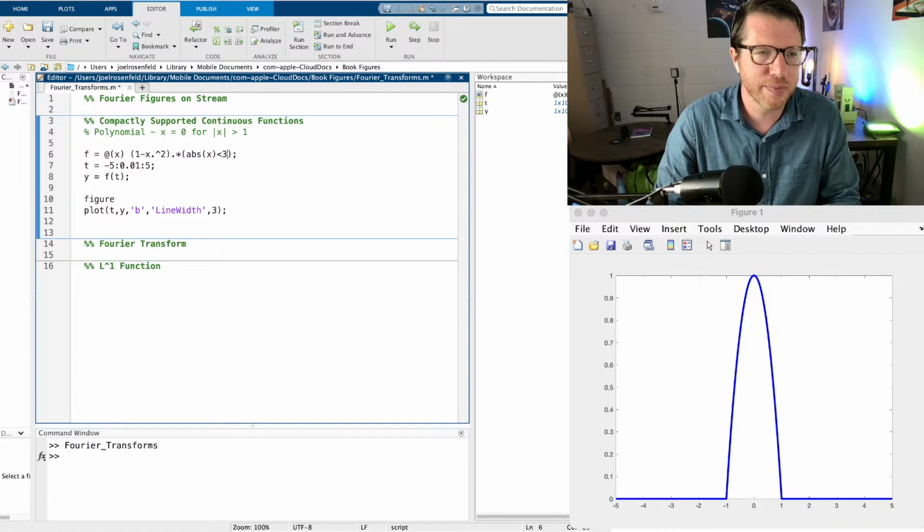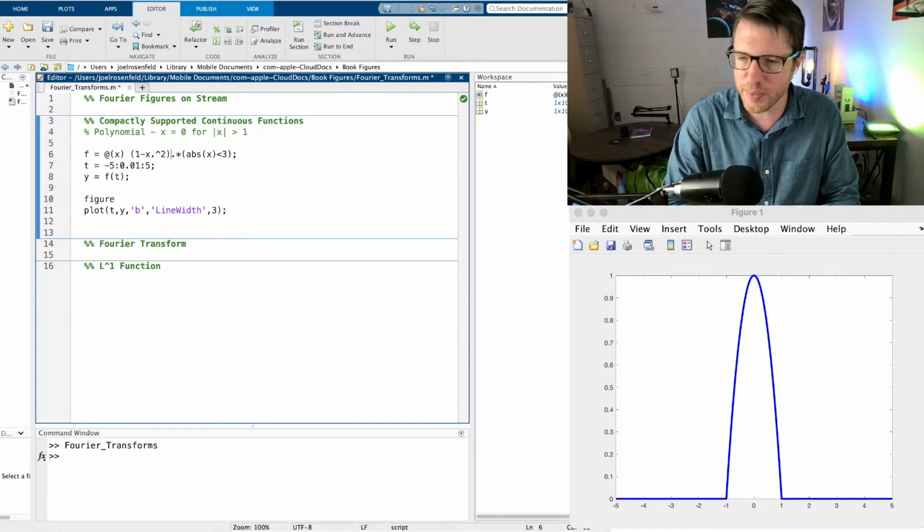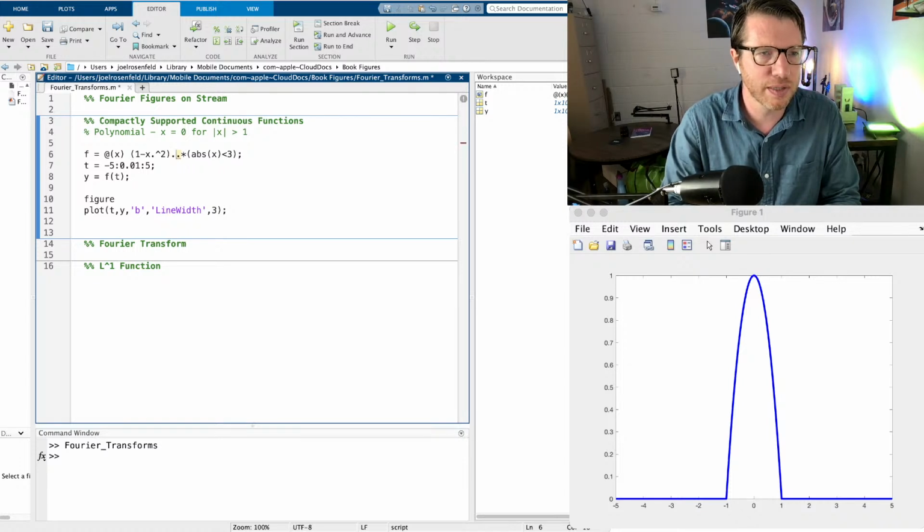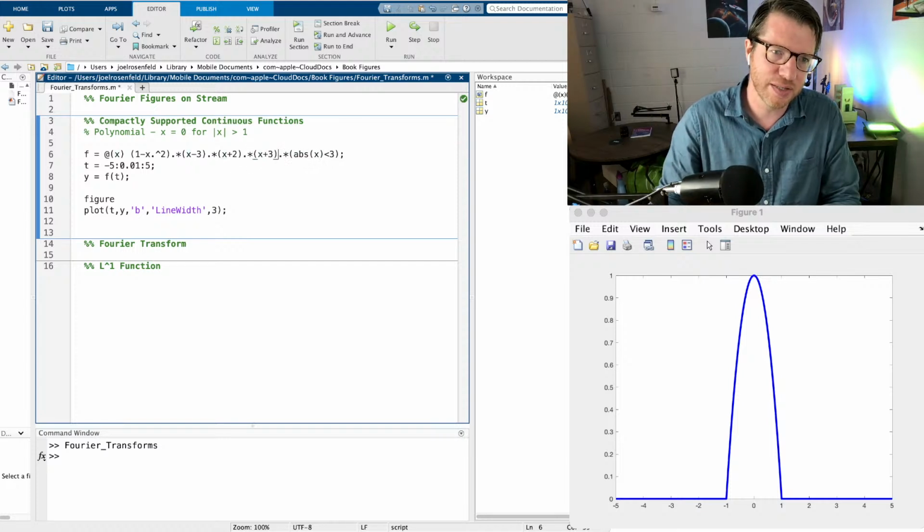And now let's make it so that it turns back around at 3. So multiply by, I don't know, x minus 3, and then we'll say multiply by x plus 2, and then we need it to go back to 3, so x plus 3. All right, so that's gonna be a wonky one.